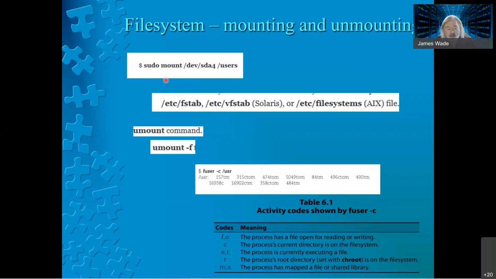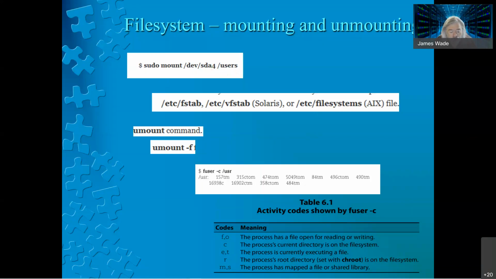In this case, mount /dev/sda4. That is a partition on disk sda called /users. There are 3 files here: fstab on Unix, vfstab on Solaris, and /etc/filesystems on AIX. These 3 files tell the operating system basically what to mount when it boots up.